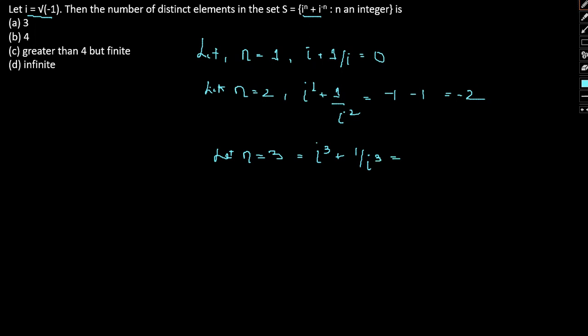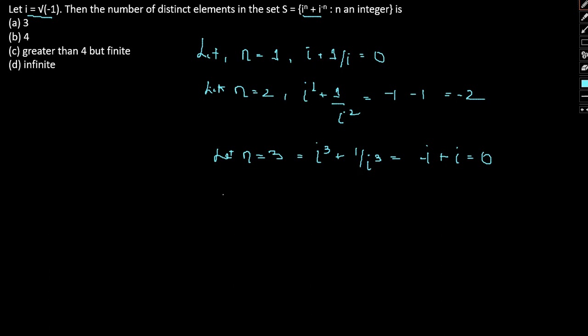So i cube is minus i, because i square into i, so i square being minus 1 and again i, so minus i, and similarly here it will be plus i, because minus 3 will come here. It will give us 0.